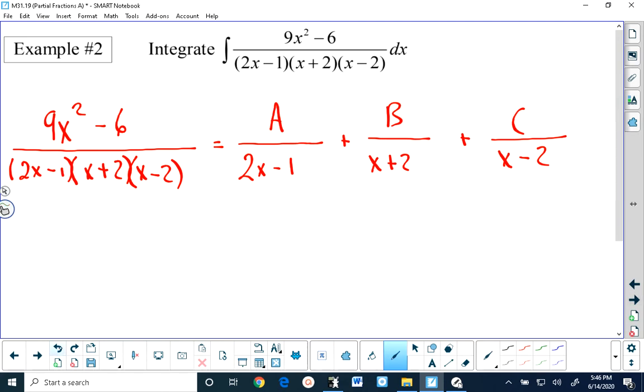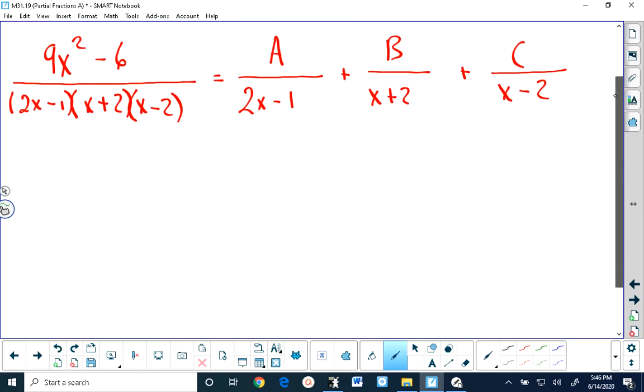So I need to eliminate all of those denominators by multiplying both sides of the equation by 2x minus 1, x plus 2, and x minus 2. Many of you will be able to do this almost in your head to get to the next line, but I do not want to lose anybody here.